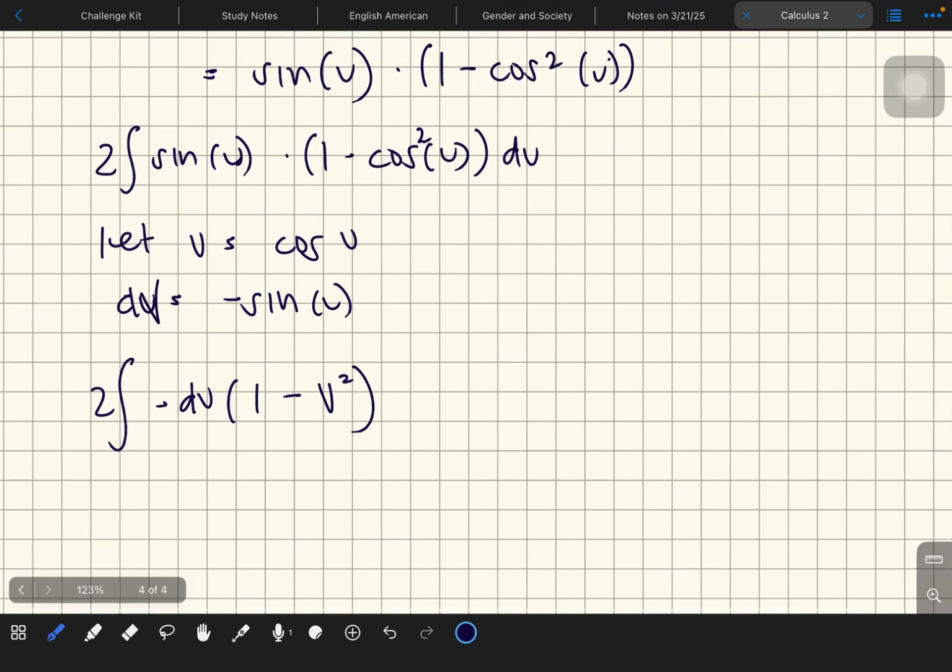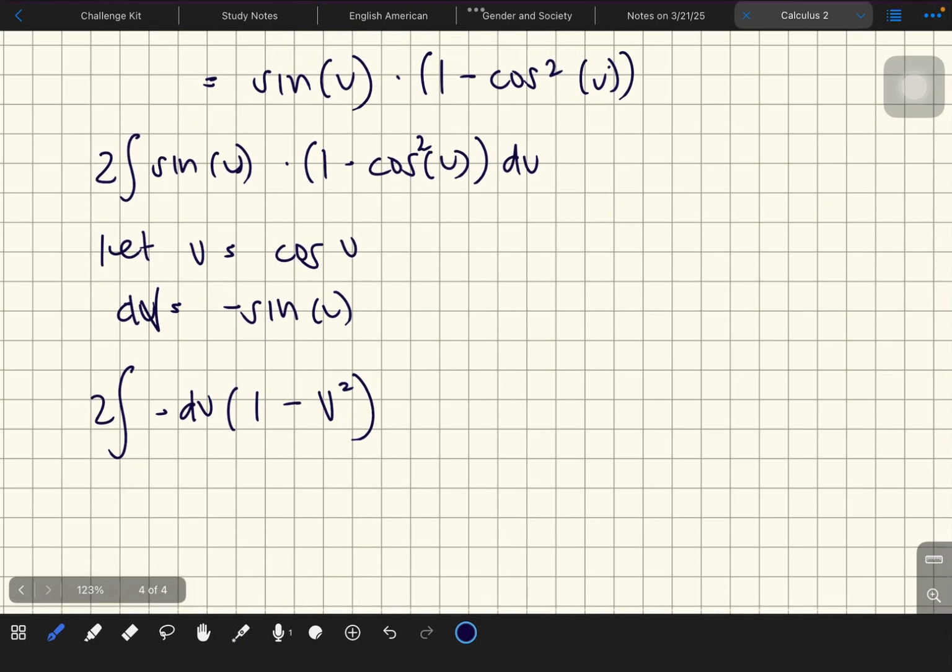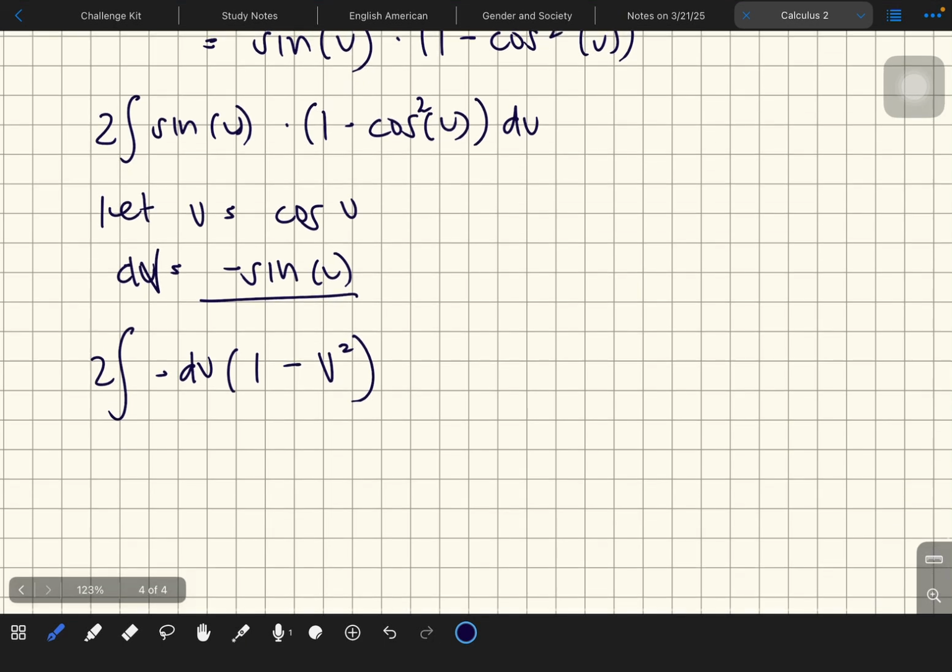So why negative dv? Because our dv is sine u, and then negative dv times 1 minus v squared, because 1 minus cosine squared u, we let that as v, so that's why it is 1 minus v squared.